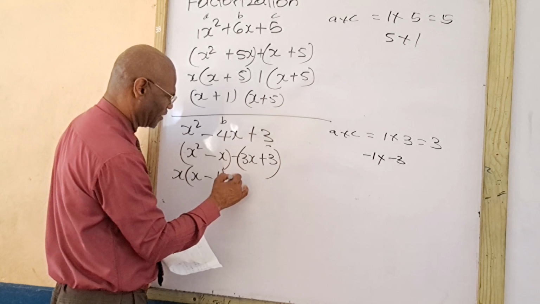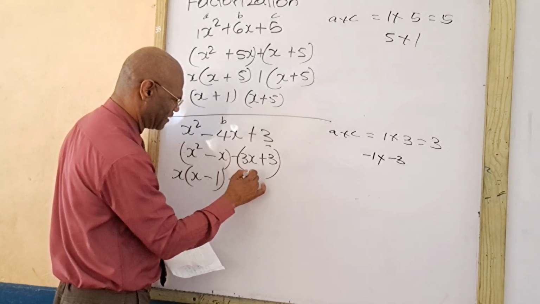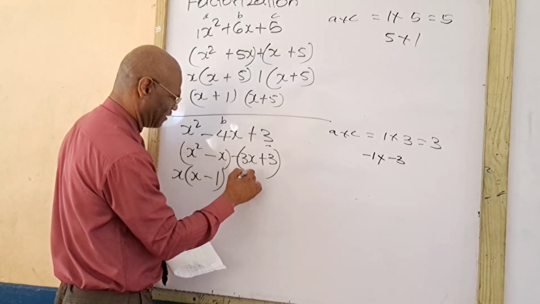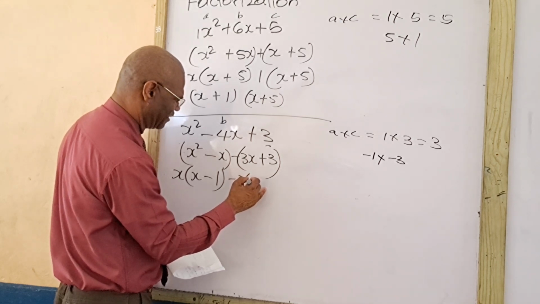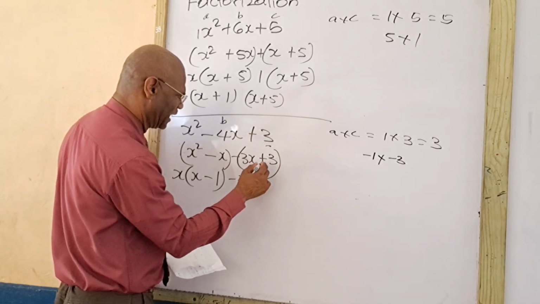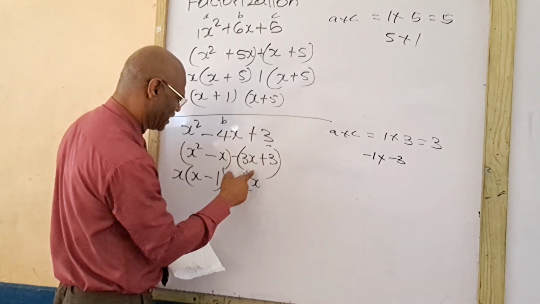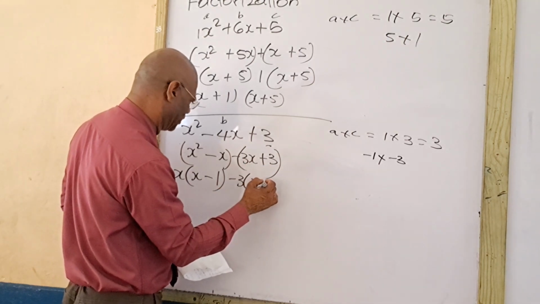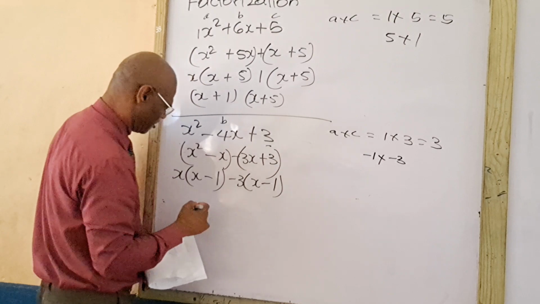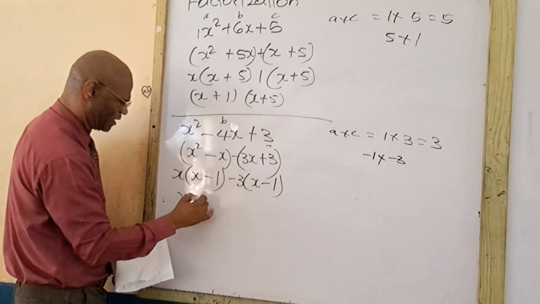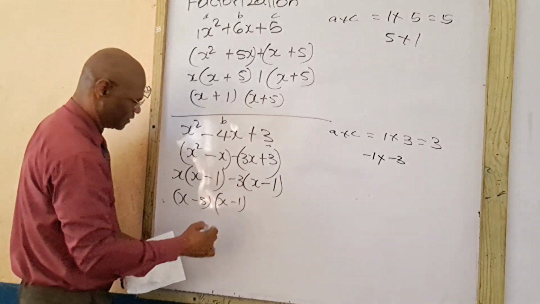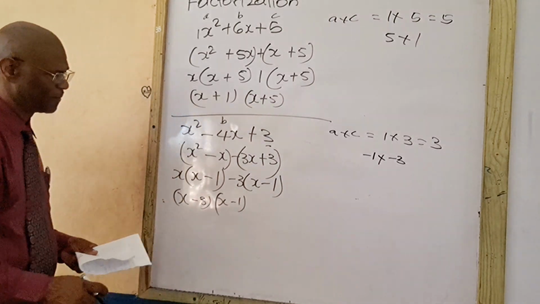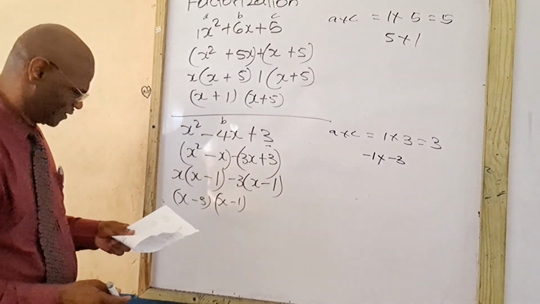And then 3 is common here. 3x divided by 3 is x, and 3 divided by negative 3 is equal to negative 1. So we now have x minus 3 into x minus 1. So there you have it.